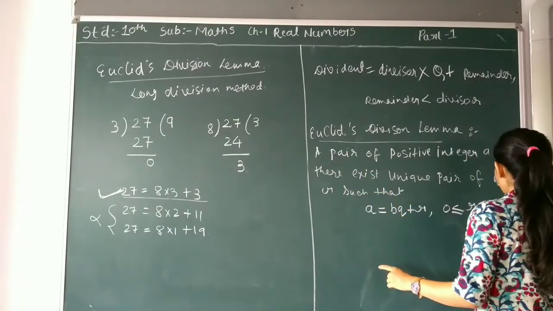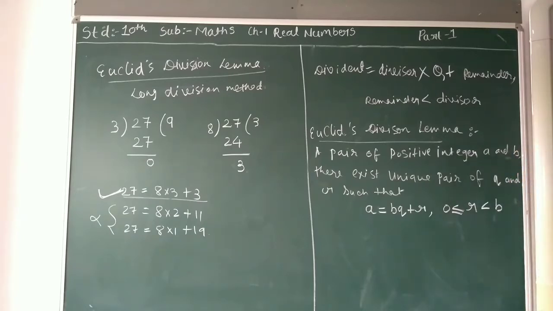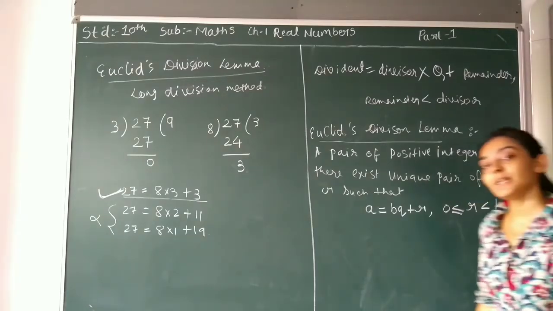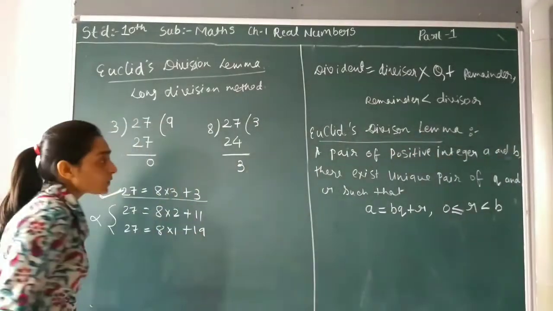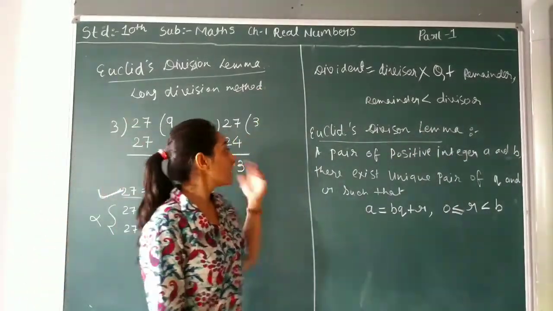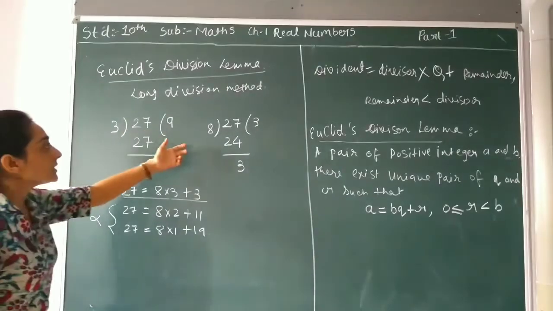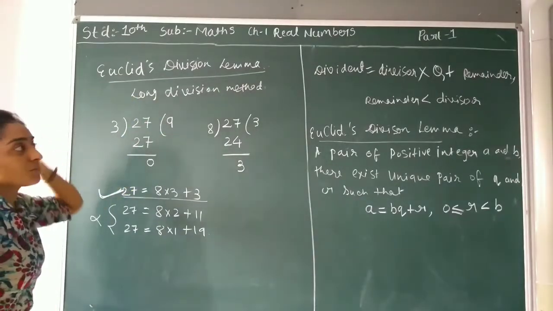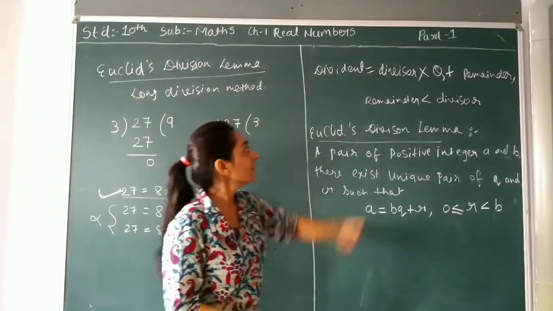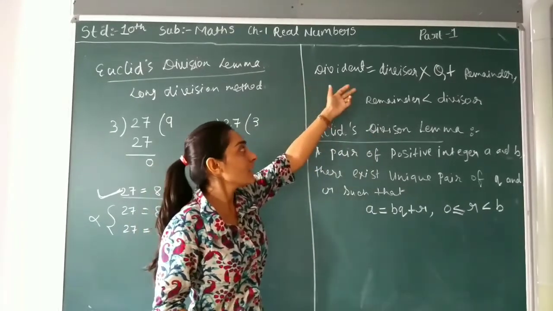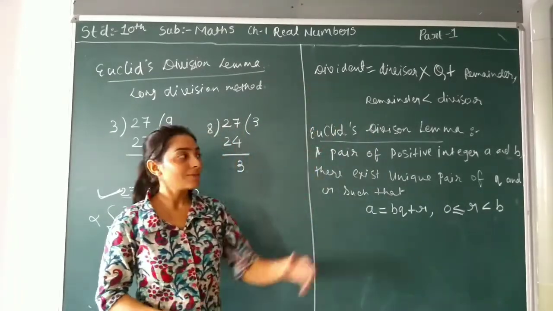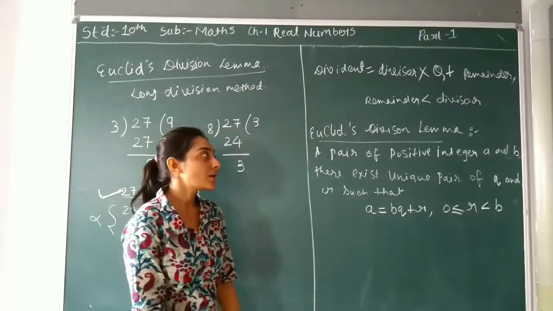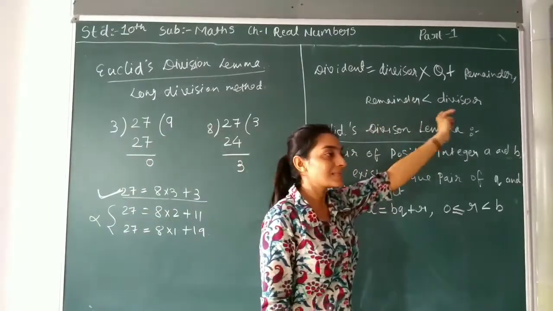Say b is my divisor. So this is nothing but my Euclid division lemma. The Euclid division lemma says there is only one way to write any two integers in a division method: dividend equals divisor multiplied by quotient plus remainder, and the remainder is always less than the divisor.